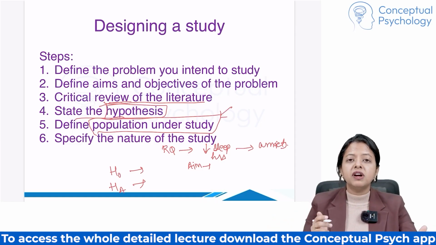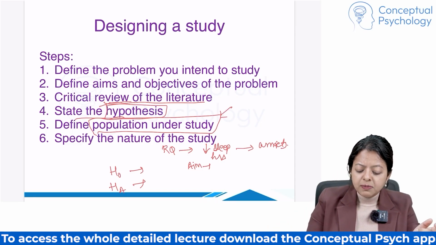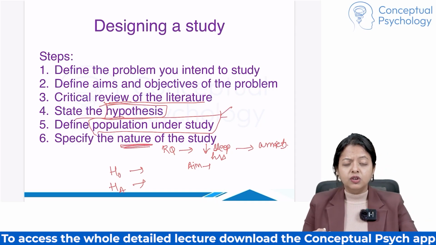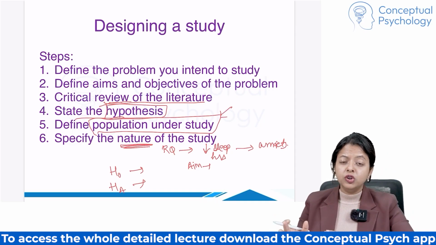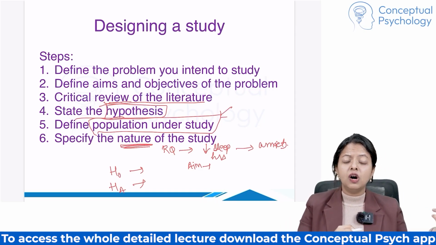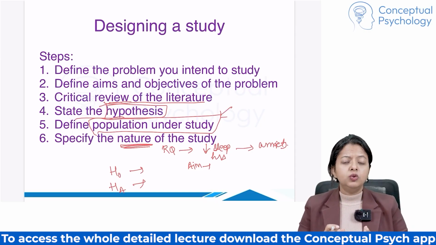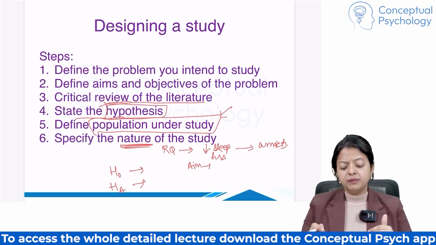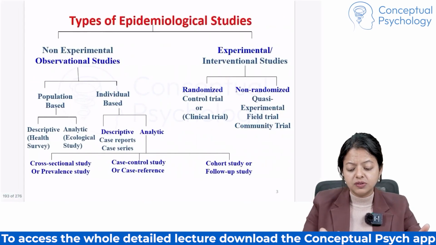So you have to specify your target population and specify the nature of the study. You're going to follow up the people for how long, or you're going to retrospectively see the people with anxiety, what are their sleeping patterns. So you need to determine the nature of the study. Okay, how are you going to conduct this research?